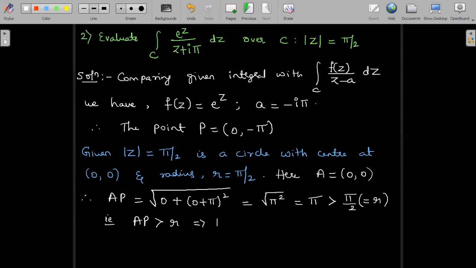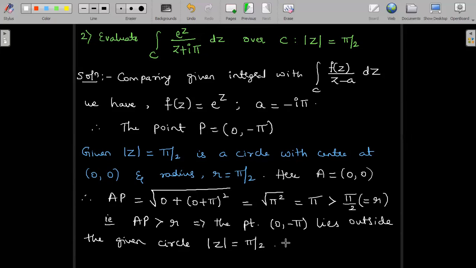This implies that the point (0, minus π) lies outside the given circle |z| = π/2. That is the conclusion we are arriving at. Since AP is greater than r, the given point (0, minus π) lies outside the given circle |z| = π/2.